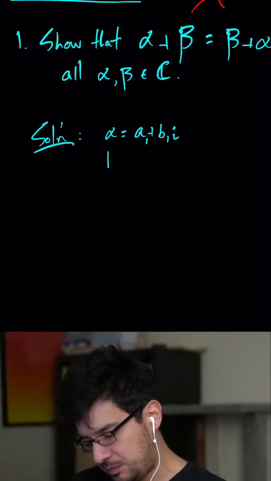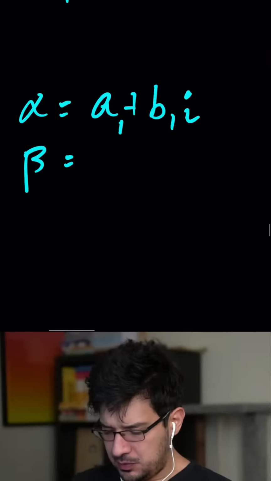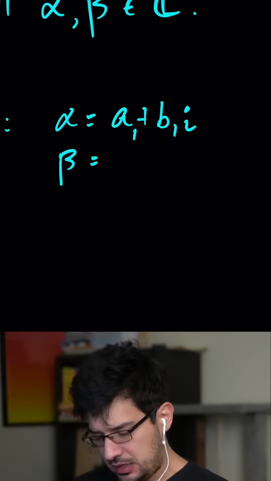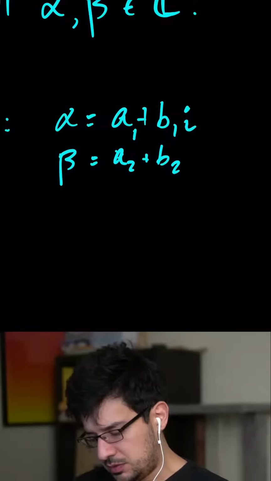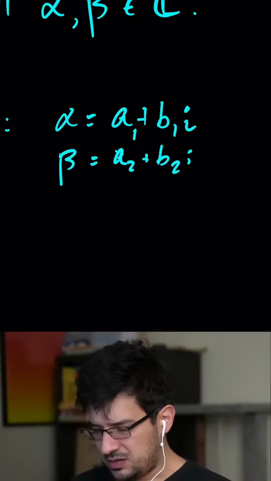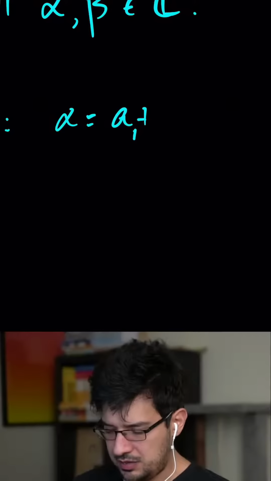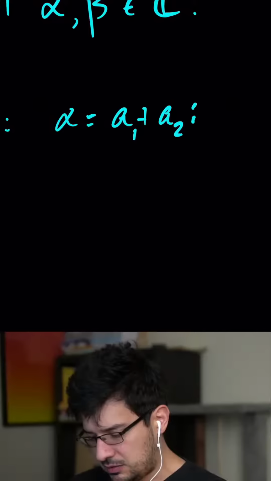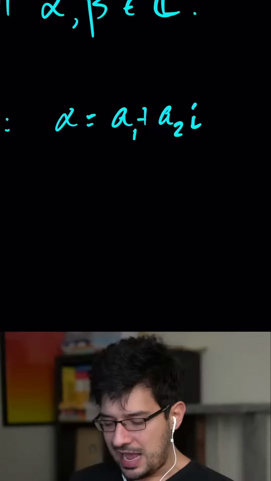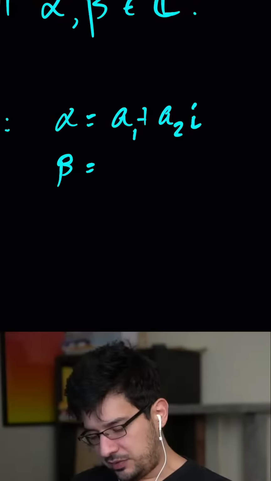I don't know. Maybe we say alpha is a1 plus b1 i, and beta is a2 plus b2 i. No, I don't like that. I hate that notation. The a's and b's are confusing me as heck. Alphas and a's are similar, betas and b's are similar.